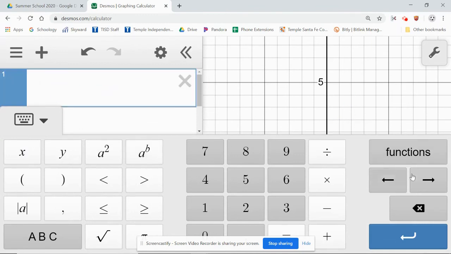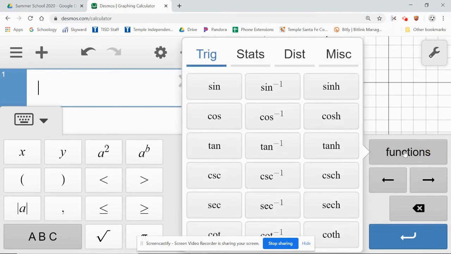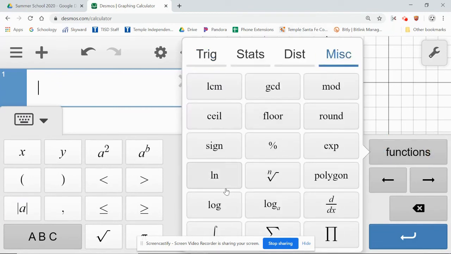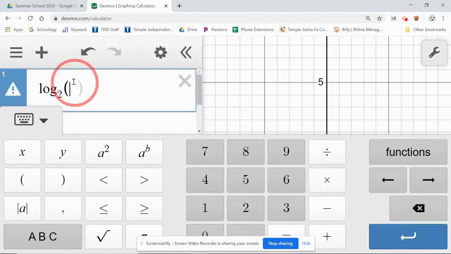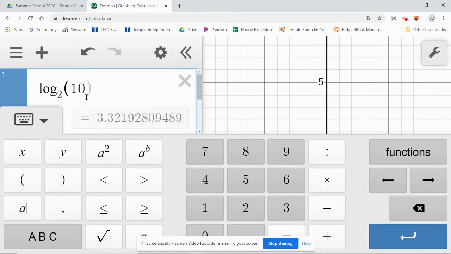If you're doing a logarithmic, you need to push functions, then miscellaneous, and depending on if it's a log with no number underneath it or a log with a number at the bottom, depends on which one of these two, or you could be using the ln. So log base 2 of 10 will give you an answer. And that's basically all you have to do.